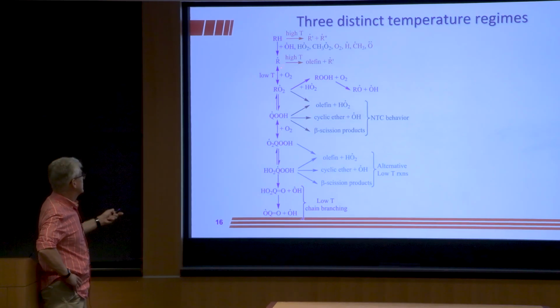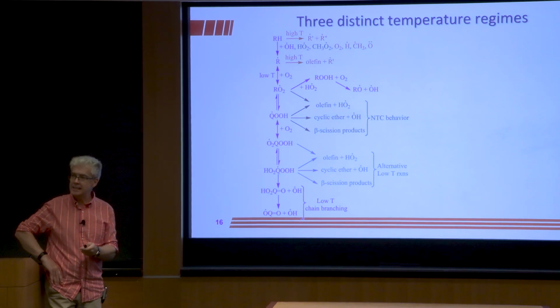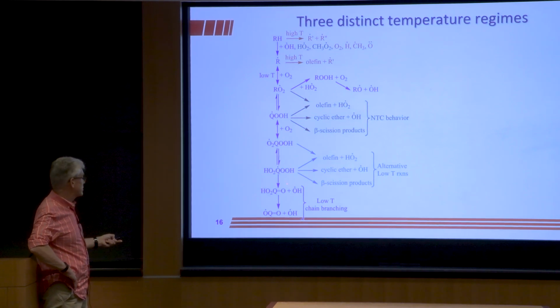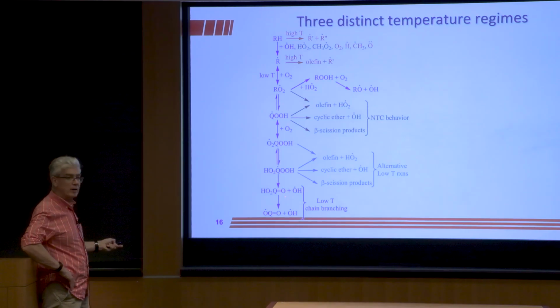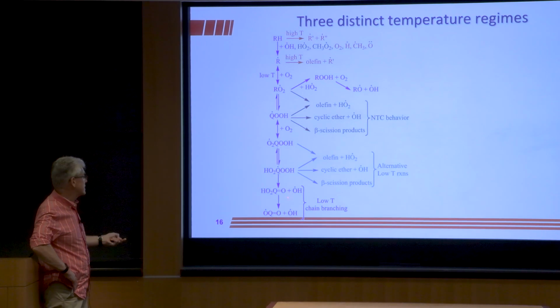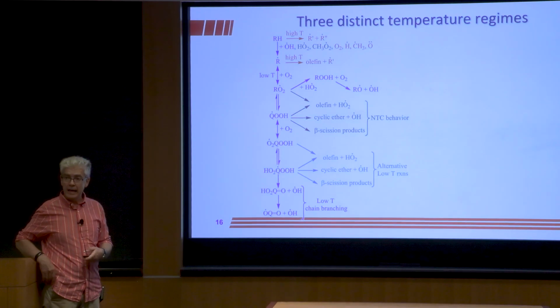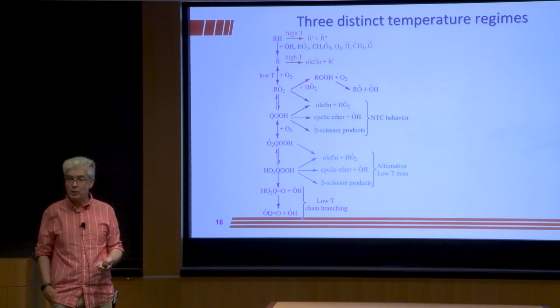In each step, we're forming one radical. It's only in the last step that the stable carbonyl hydroperoxide cleaves the hydroperoxide OO bond, giving you a carbonyl alkoxy radical and OH. These two together give you three reactive radicals from one fuel radical, and that gives you chain branching at low temperature.